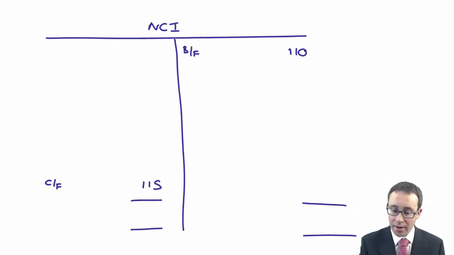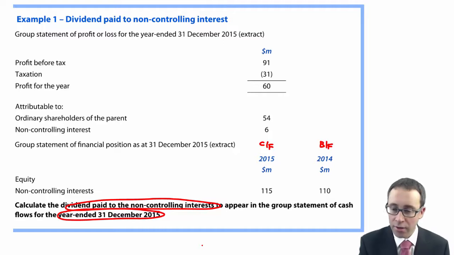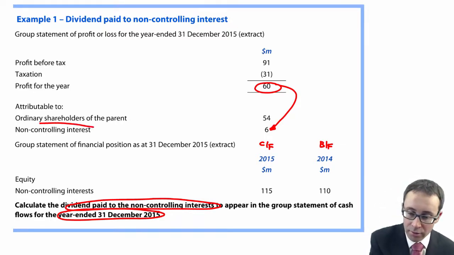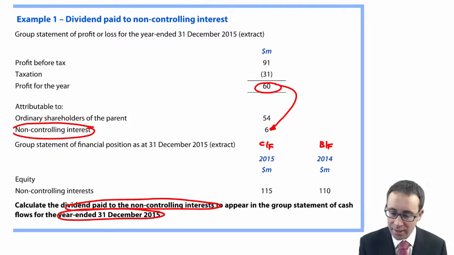Once I've got that, I can then go through and start to look at the statement of profit or loss. So, you've got this profit figure of 60, but that needs to be split into the amounts that are attributable to the parent and the amounts that are attributable to the non-controlling interest. That's what we've gone through and calculated previously by taking the non-controlling interest share of S's profits for the year. It's been done for us. We don't need to calculate it.